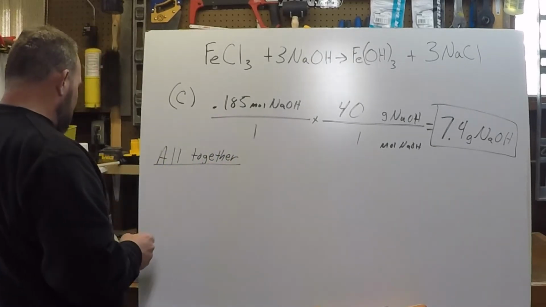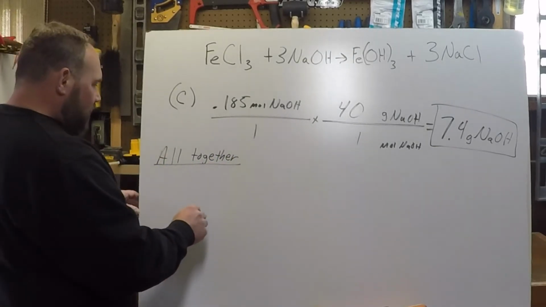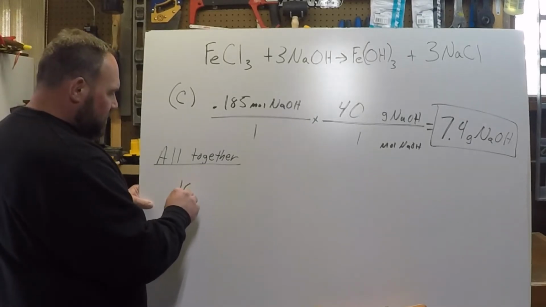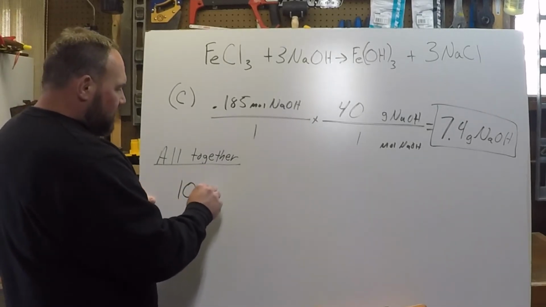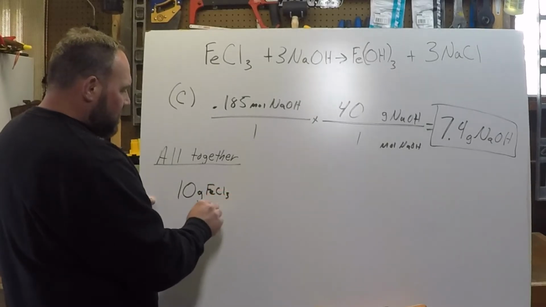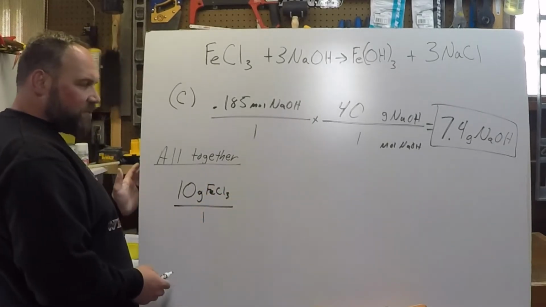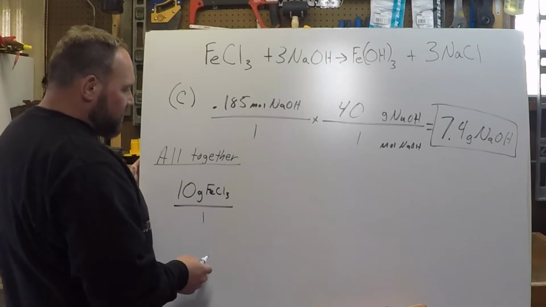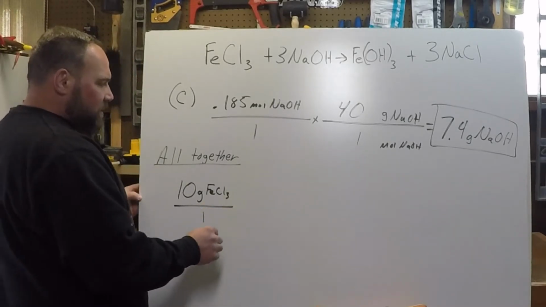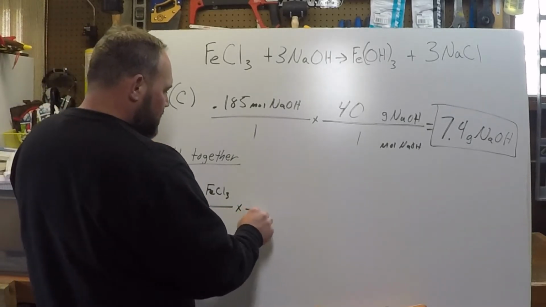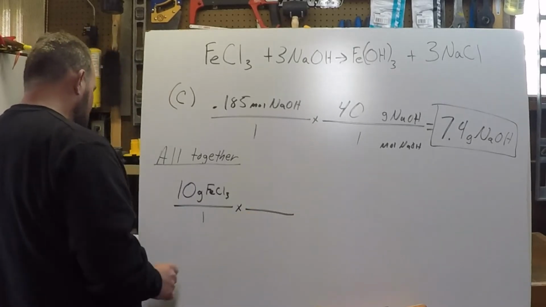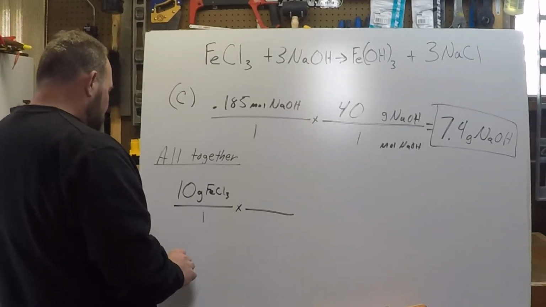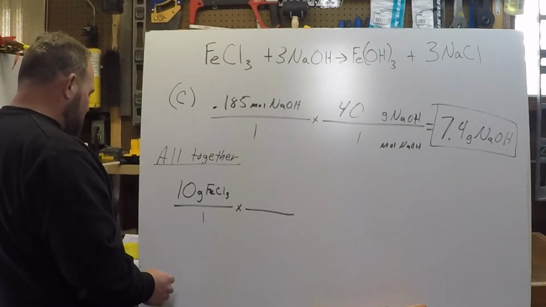All right, so we started with the 10 grams of iron chloride. And again, I like to put this first one over 1. You don't have to, you could just leave it. You guys know how that works in terms of math. I just like it because it keeps it on top. So then this is where step A goes.